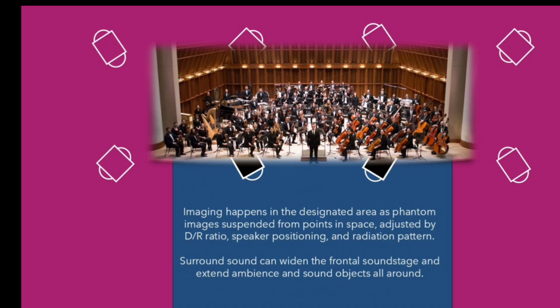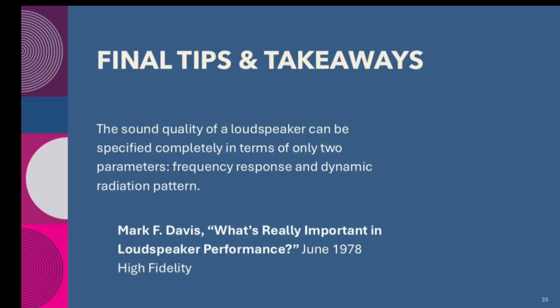Surround sound can widen the frontal sound stage and extend the ambience and sound objects all around. What I suggest we can learn from all of this is that the sound quality of a loudspeaker can be specified completely in terms of only two parameters: frequency response and dynamic radiation pattern.